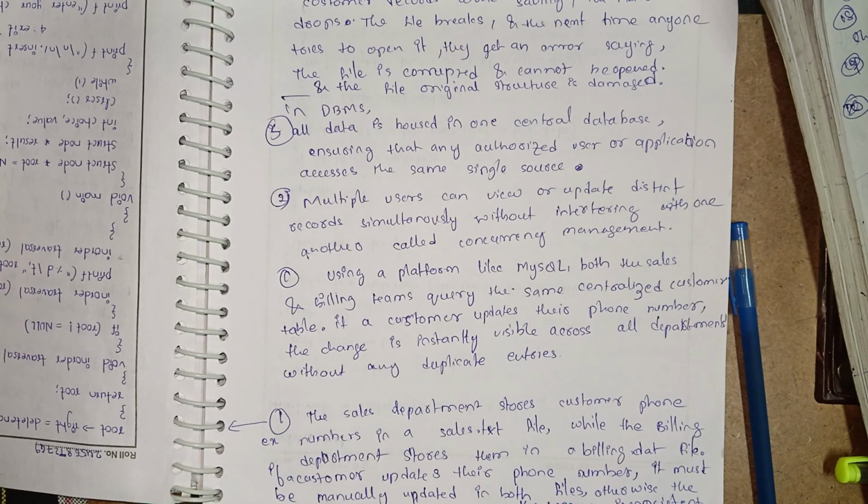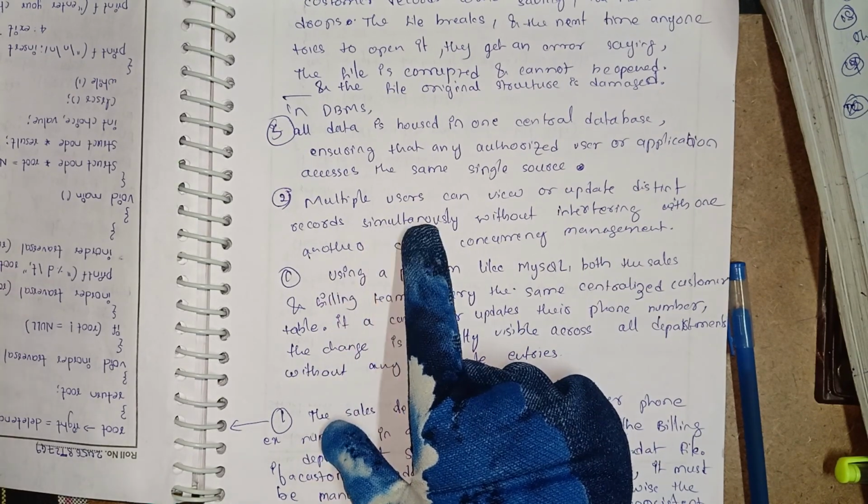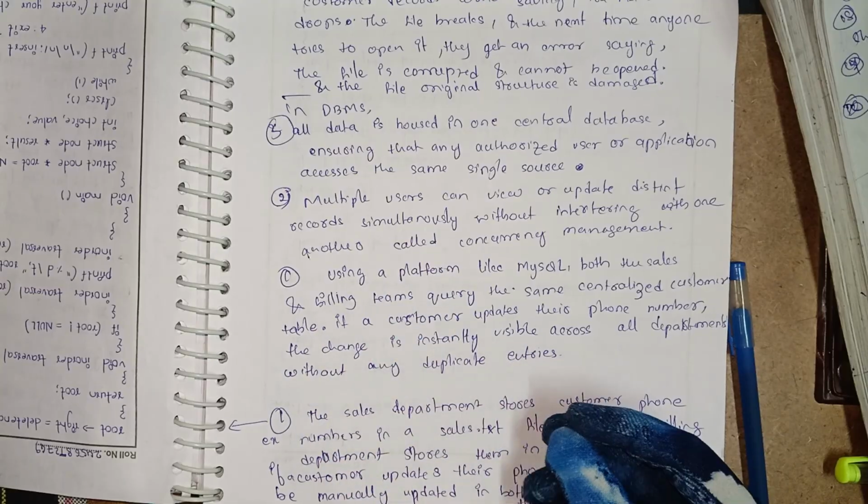So there is no concurrent control in the file system, and then the data becomes unreadable by the other systems. So in a DBMS, simultaneous access will be there for multiple users.